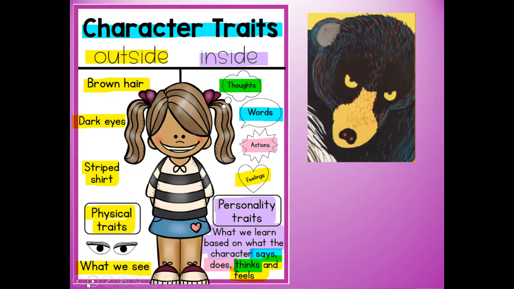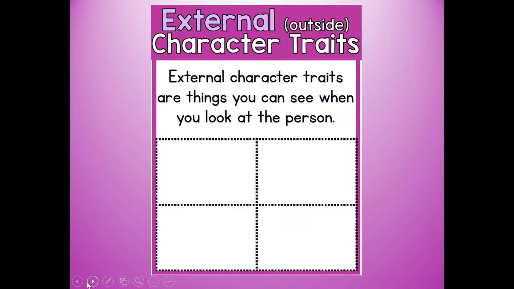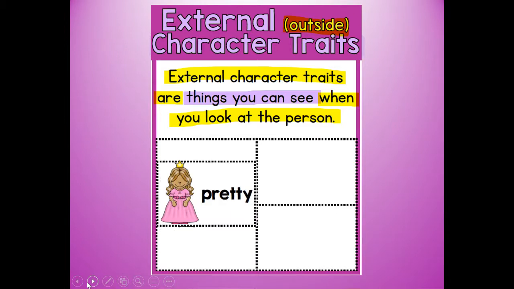And so we're going to look at the character traits of Bear and Brown Squirrel. External or outside character traits. External character traits are things you can see when you look at the person, what the person or the animal looks like.